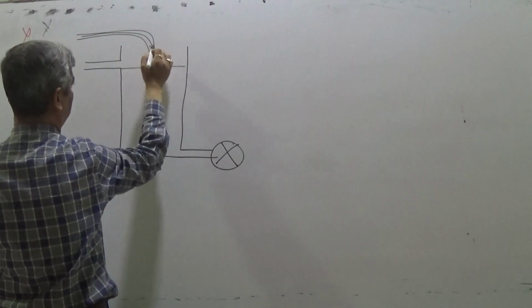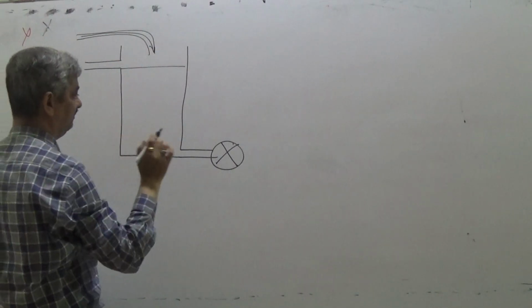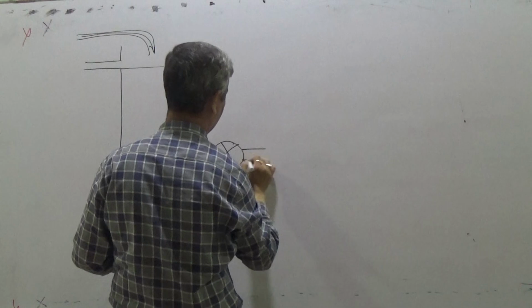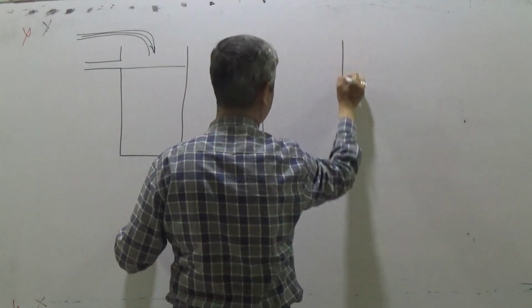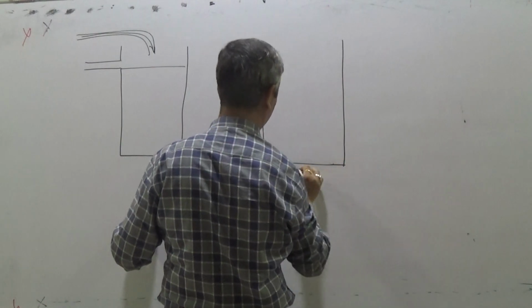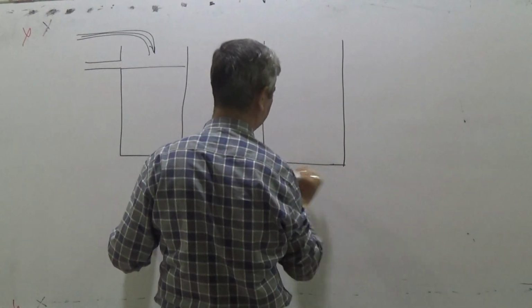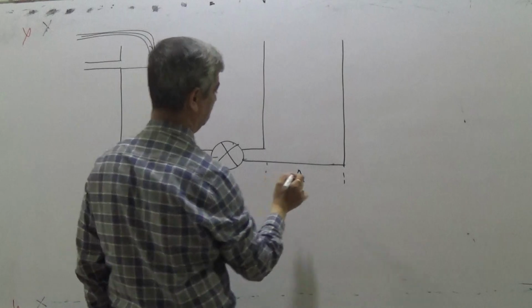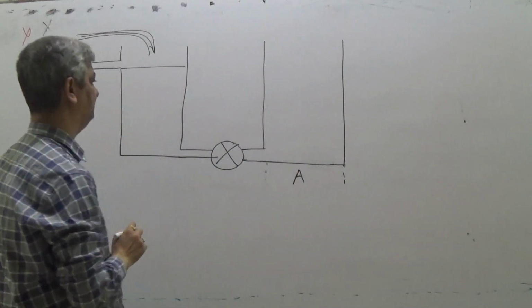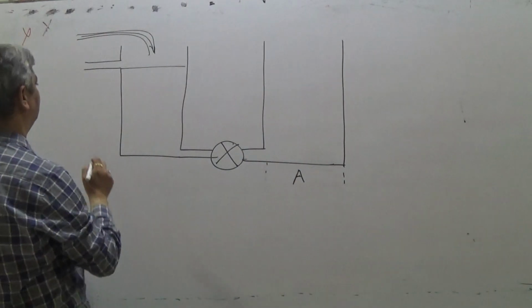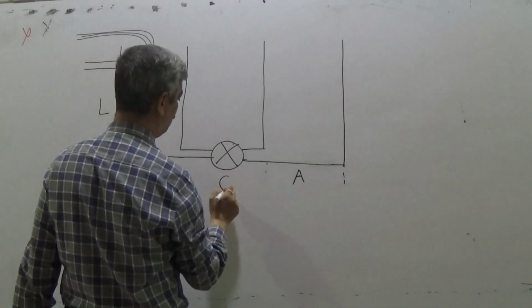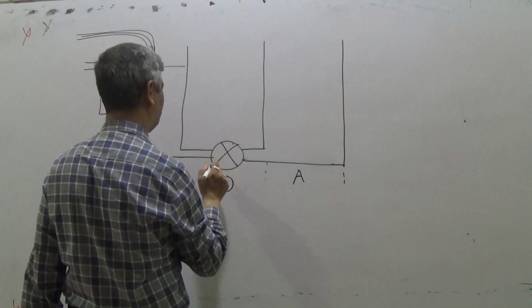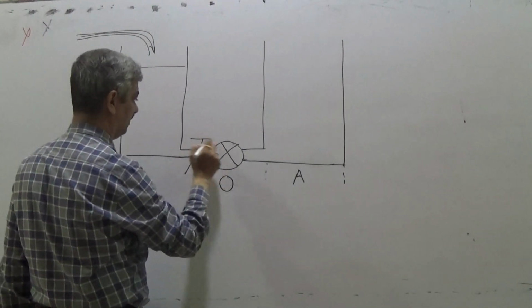It is municipal water, non-stop available, and on the right hand side I take a cylindrical tank with cross-sectional area A. This level is L, the opposition is O, and this is the valve, and there is one more stopper.